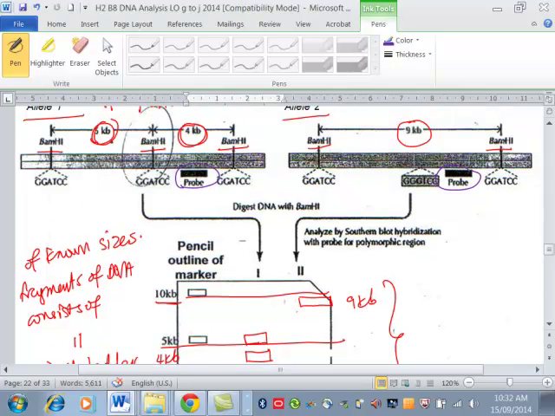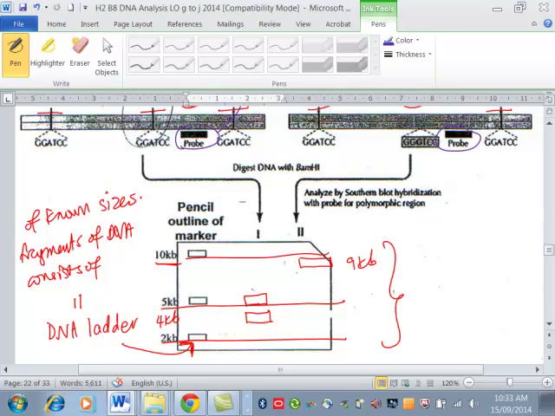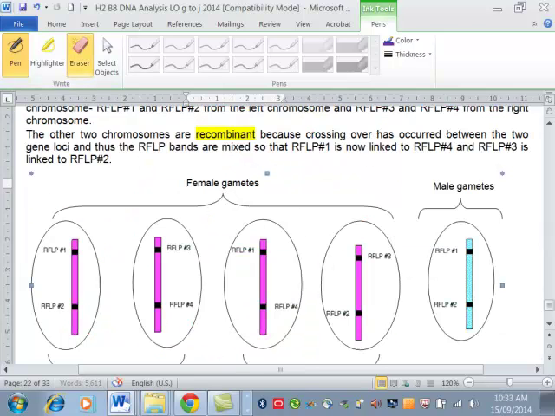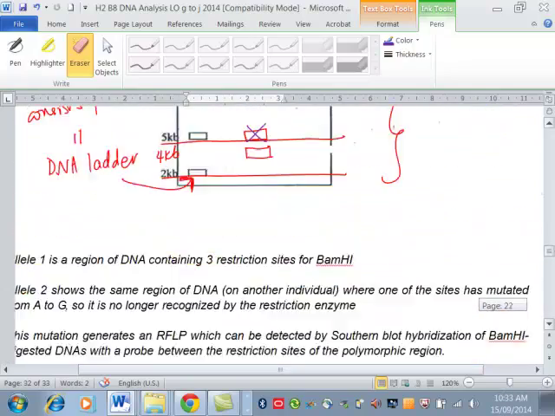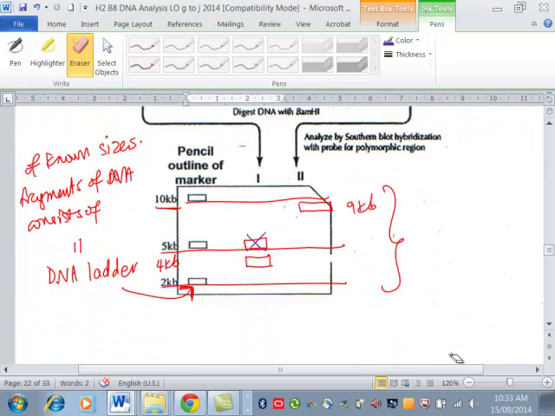For allele 1, the probe binds to which fragment? 4 kb. Does the probe bind to 5 kb? No, which means that after Southern blotting, the 5 kb band will not appear. You will see only the 4 kb band, which is going to be like this.